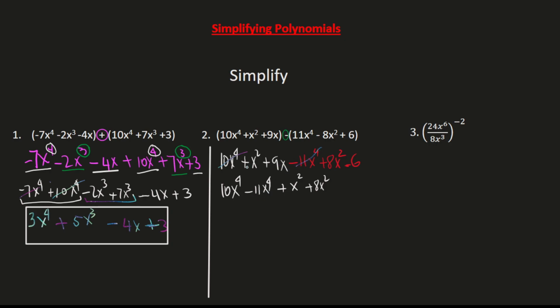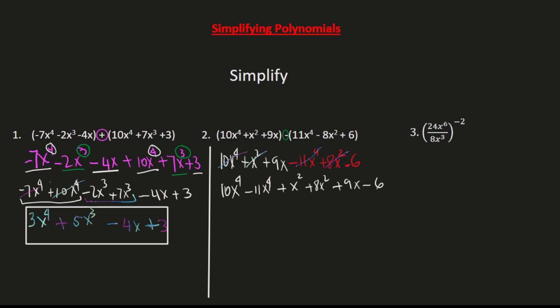And we moved the x squared, we put it here, and we moved the x, we put it right here. So now what we have left, we don't want to make any mistake: plus 9x, and minus 6. That's what we have here.